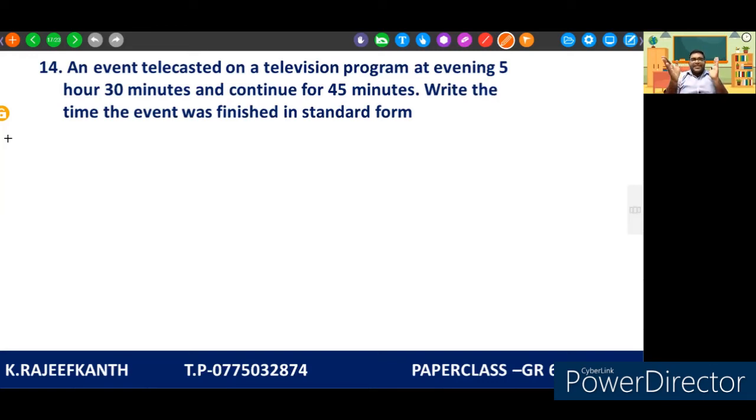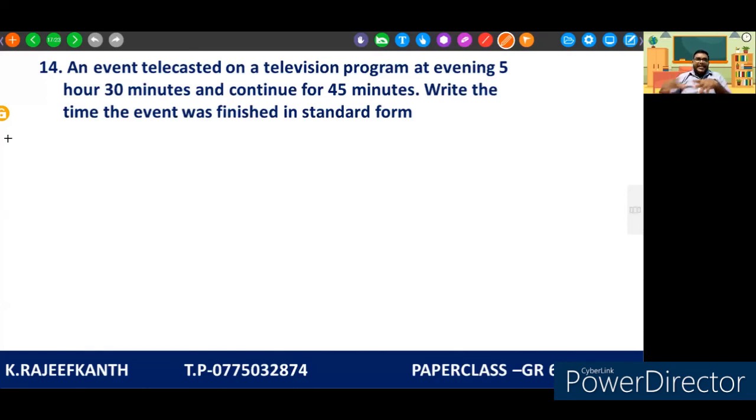That means evening 5:30, no? The event telecasted at evening 5 hours 30 minutes means evening 5:30, and continues for 45 minutes.